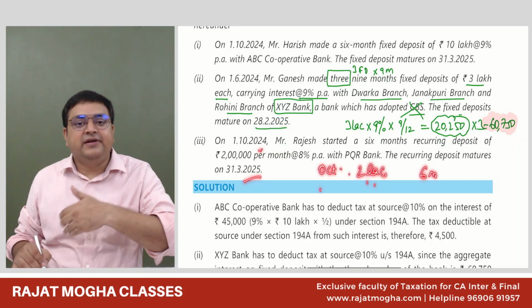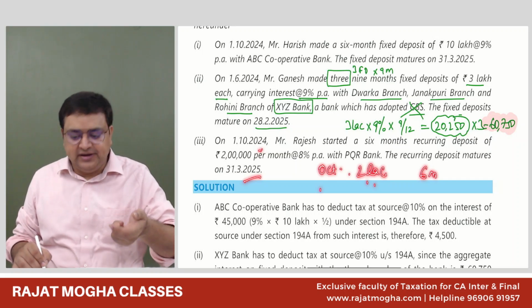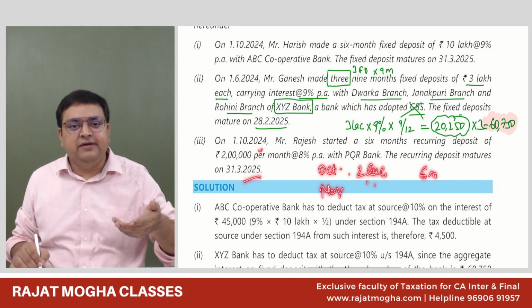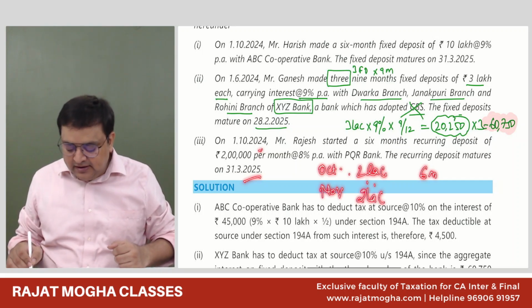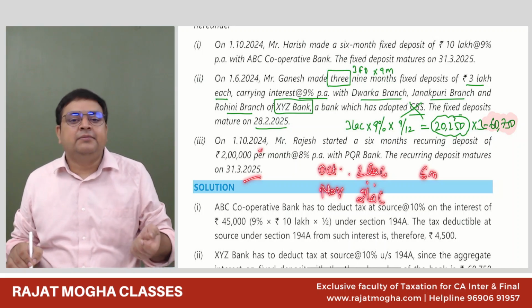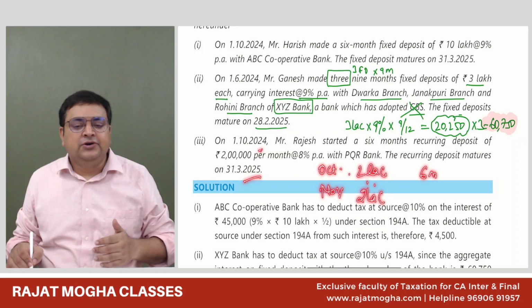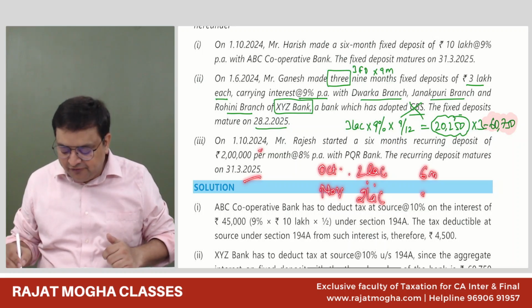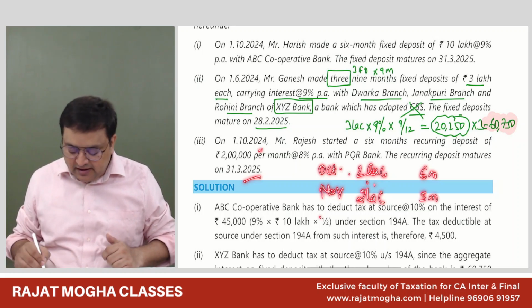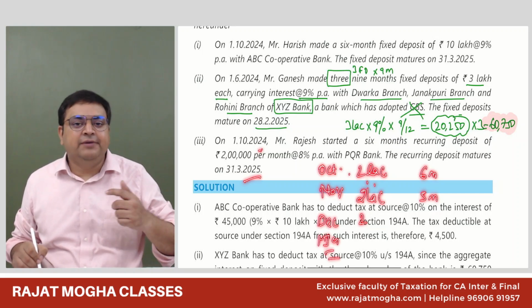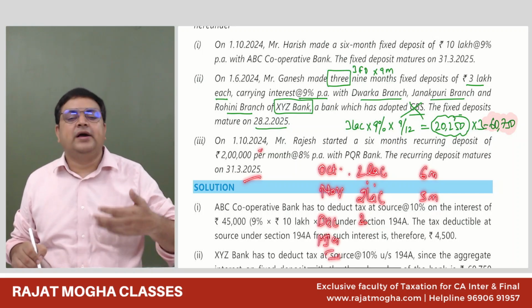Then because it is a recurring deposit, every month he is depositing. So on 1st November also, he will deposit 2 lakh rupees, and this amount will mature on 31st March, so it is deposited for 5 months. Again in December, he will deposit 2 lakh, then 1st January, 1st February, 1st March. So he will deposit 6 times, 2 lakh per month.